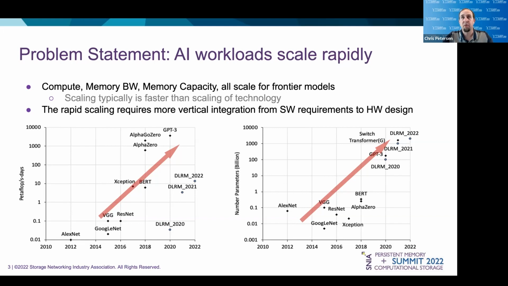Here we can see that the recommendation models, for example, DLRM or Deep Learning Recommendation Model, are the ones pushing capacity requirements. The challenge here is really the rate of scaling of these models, which is much faster than the underlying server hardware technologies. That means we have to come up with other intelligent ways to help us scale.